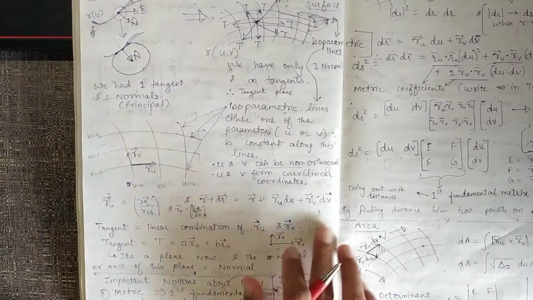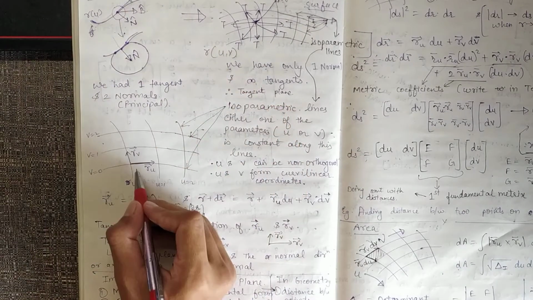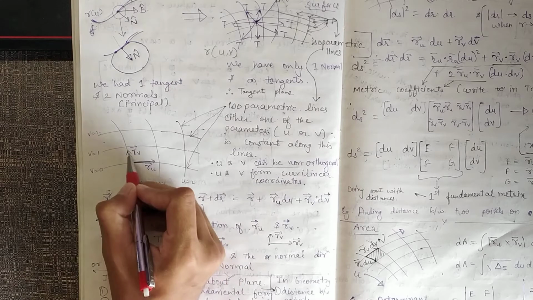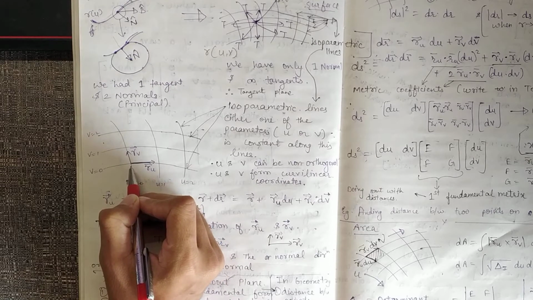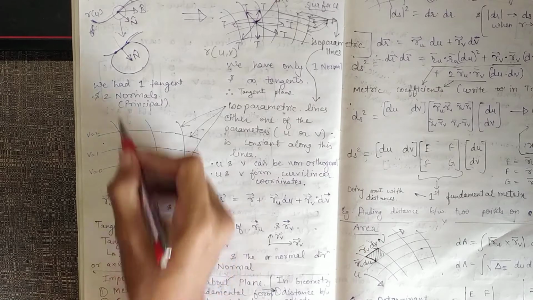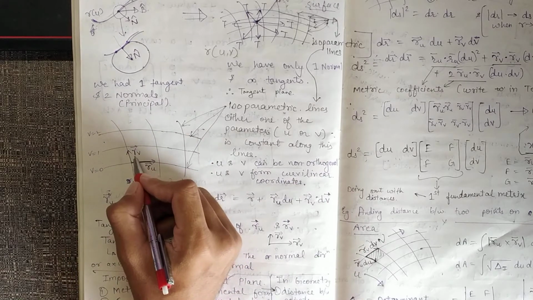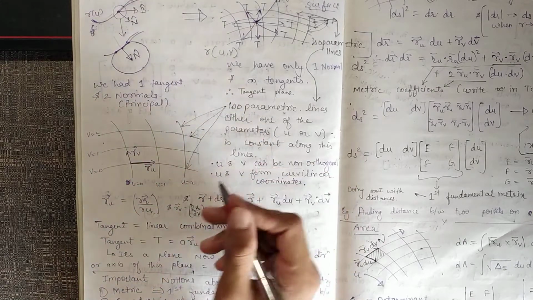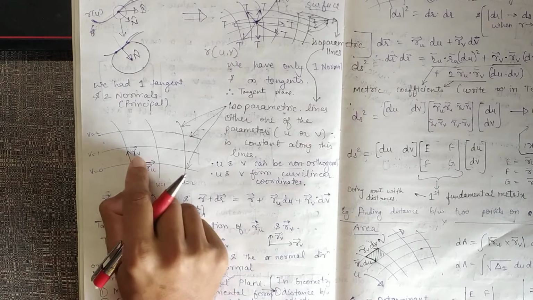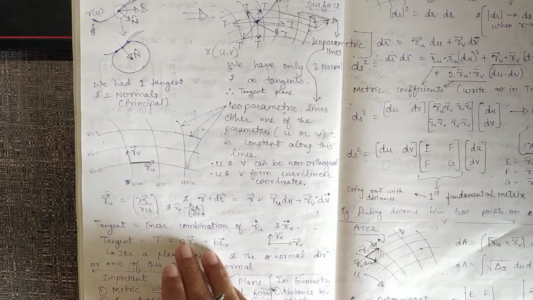When we travel along one direction, we'll say the change with respect to u, and when we travel along a constant u, we'll say the change in the surface values in the direction of v, which will be represented by rv.